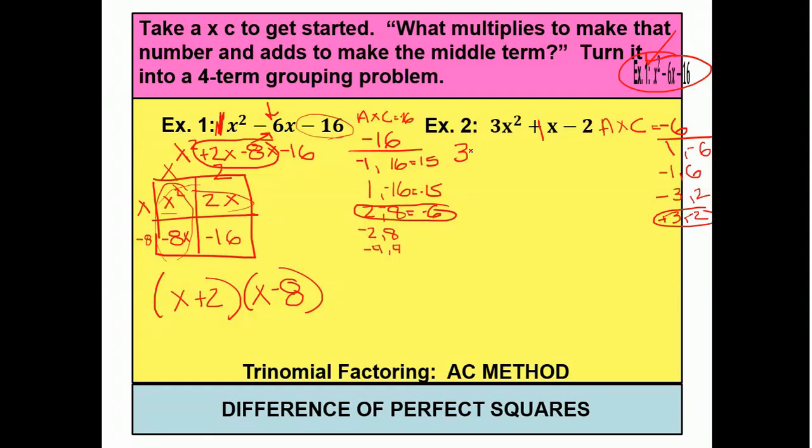So let's rewrite. 3x squared plus 3x minus 2x minus 2. Let's box that.